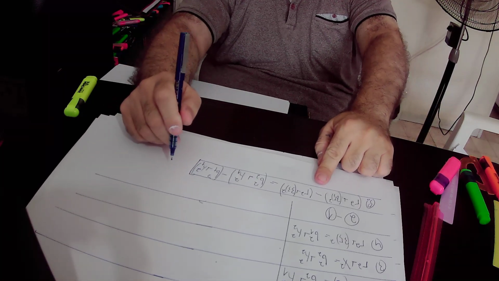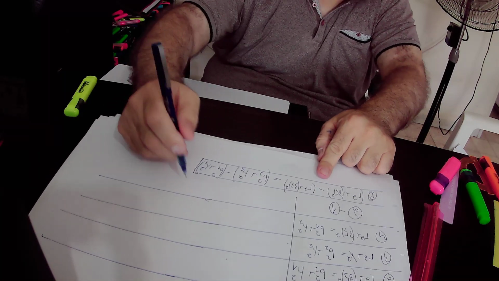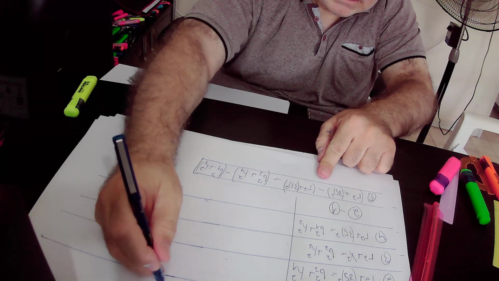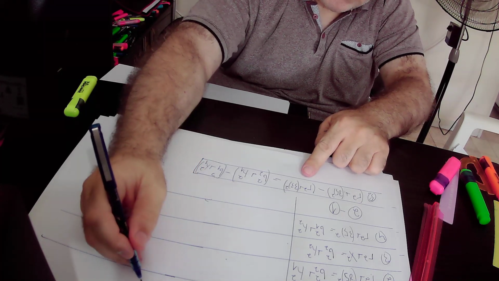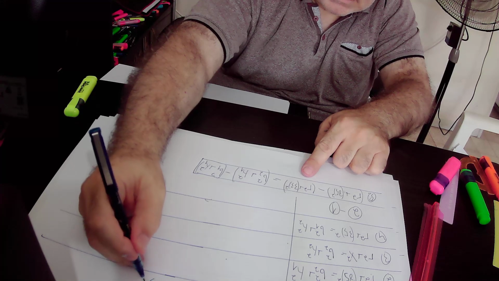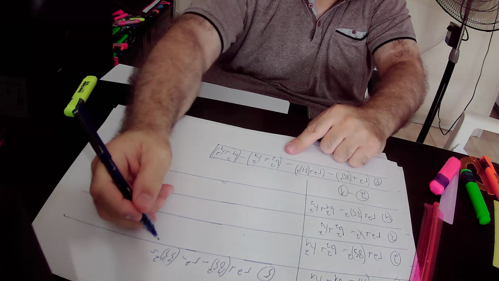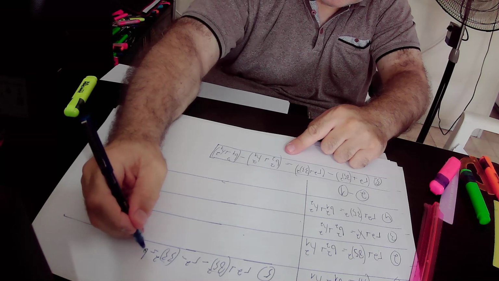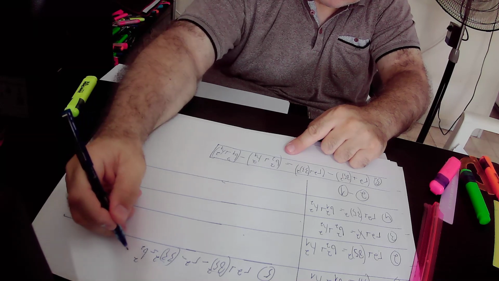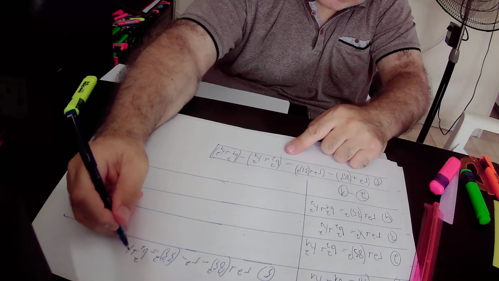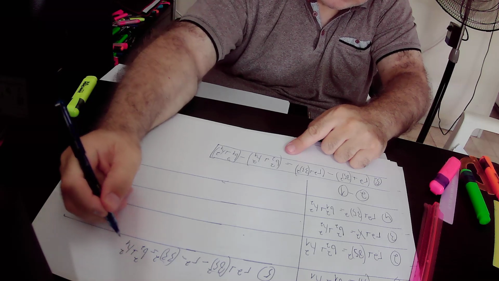We have minus before the bracket, so it will be minus R square minus 33 square, equals B2 square plus H1 square.